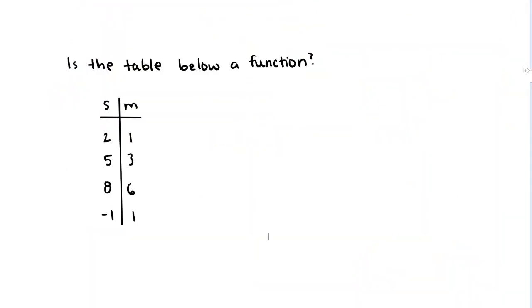Right? And so the fact that we don't see any input repeat itself here in our list of ordered pairs, this means that this is a function. So yes, it is a function because, since no two ordered pairs share the same input.